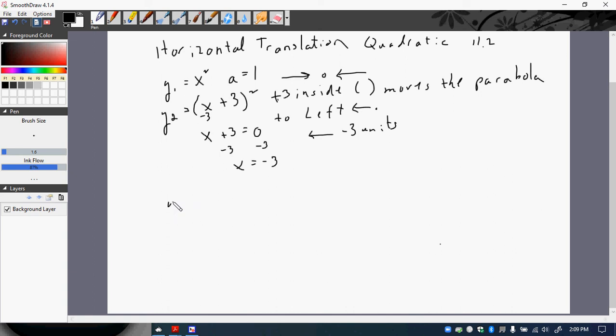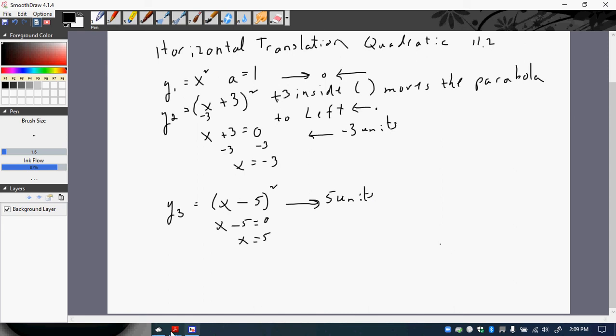So if we do another one like y3, and that's x, and let's say it's minus 5, it stands to reason that since last time this was +3, that -3 or -5, if we set that to 0, we would get x equal to 5. So it looks like it would go to the right 5 units.